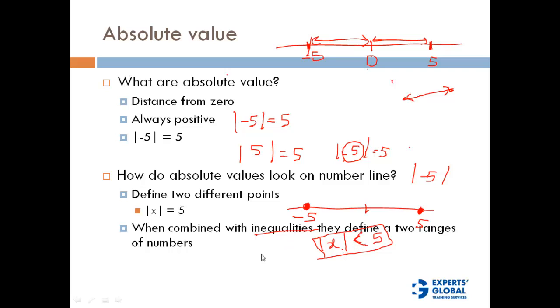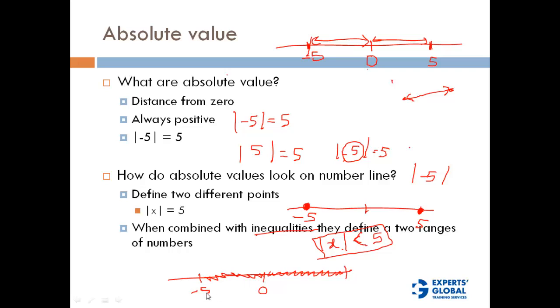So in such cases, let's look at what will be the solution of this. So we are talking about all the numbers, modulus of x, which is absolute value of x, the distance of which is less than 5. That means on the positive side, we are talking about this range, correct? On the negative side, we are talking about this range.